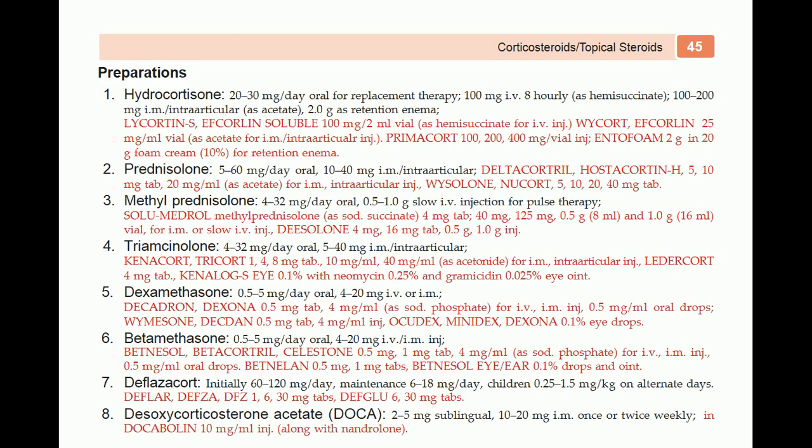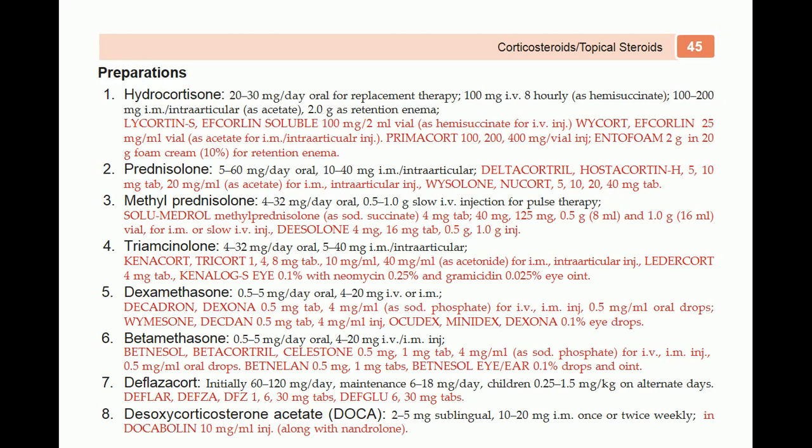The brands available are Betnelan and Celestone at a dose of 0.5 mg, as already mentioned. You can see here 1 mg tablet, 4 mg per ml sodium phosphate for IV and IM injection, 0.5 mg per ml oral drops, and many more. Betnelan 0.4 mg. Another one is Deflazacort.